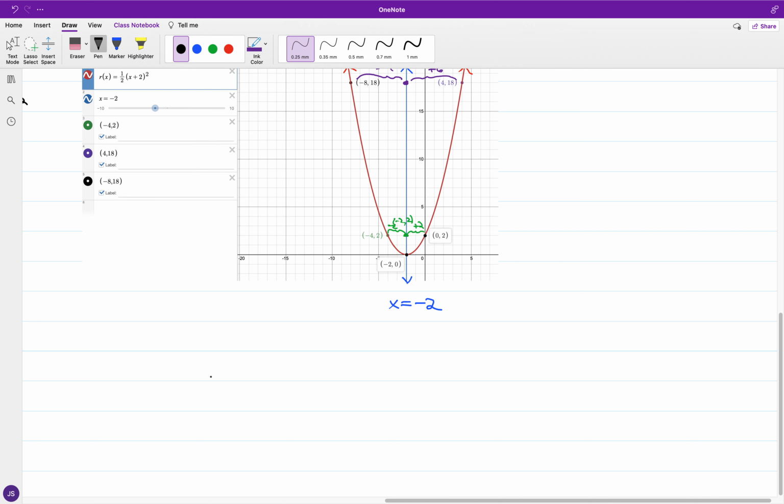Again, for quadratic functions, we have y equals f of x equals ax squared plus bx plus c, whereupon a does not equal 0. Again, this is going to be the standard form.